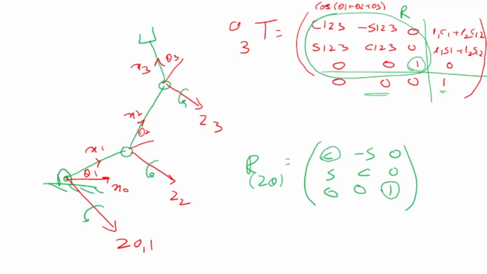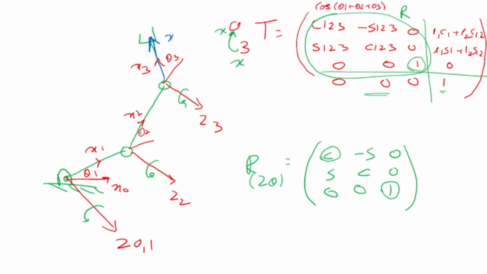This is the total rotation that the axis 3 has, the x-axis of the third frame with respect to the x-axis of the 0 frame. That's the meaning of this. So if you look at it here, where is our x3? My x3 is here.